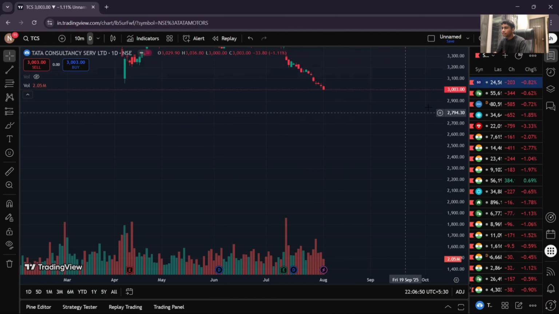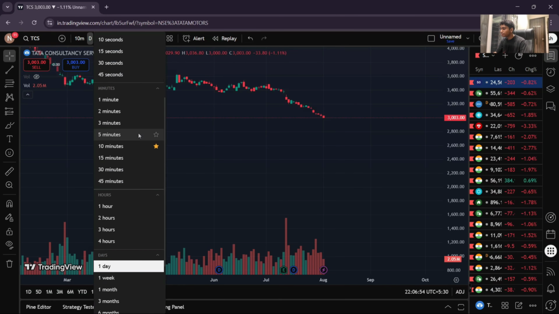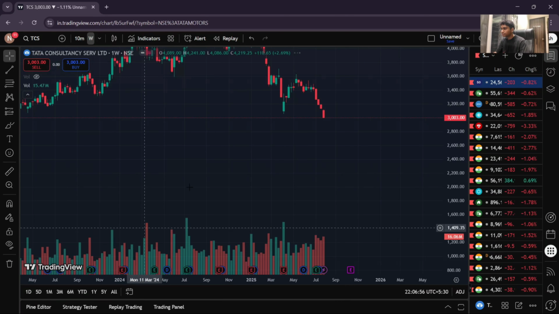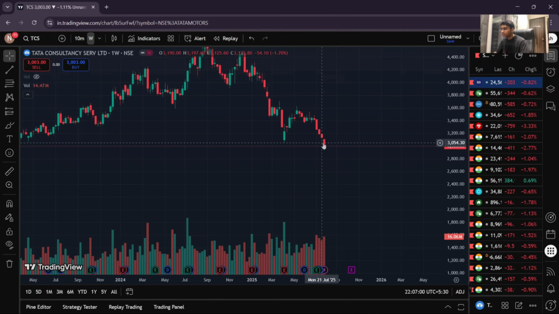See, each candle is of one particular day. If I change this to, let's say, 1 week, then one particular candle will be of 1 week. Let's see, this is of 28th July, Monday. This is of 21st July, Monday. This is of 14th July. It means that how the price has moved in that particular week, that candle shows.